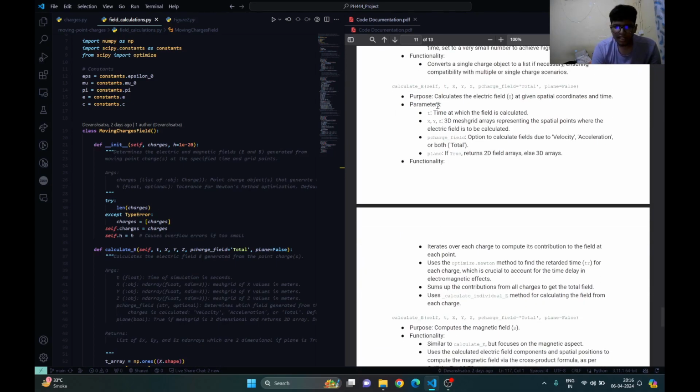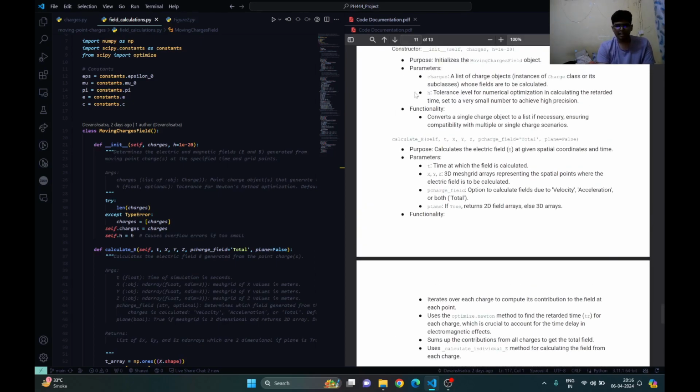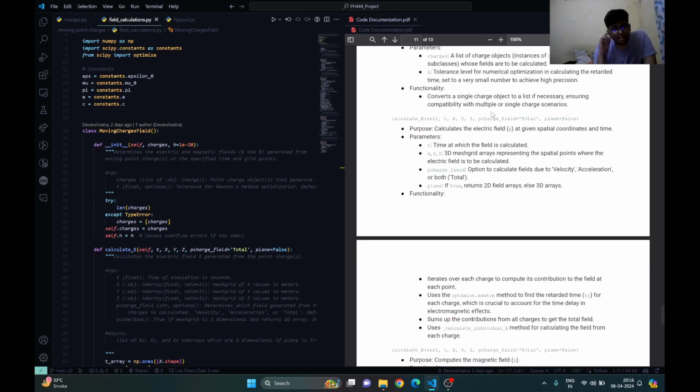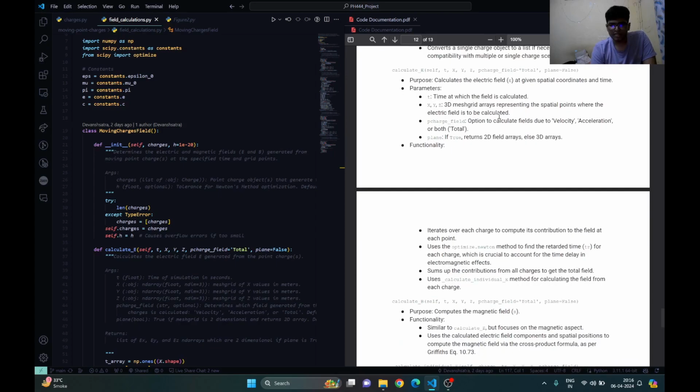And h is just some tolerance level for numerical optimization. It's the smallest number which is the error in the calculation, so it's set to a very small number to achieve high precision.